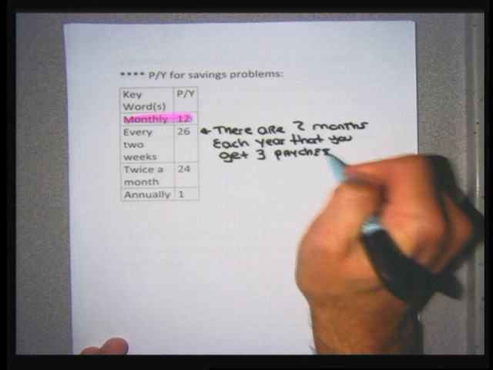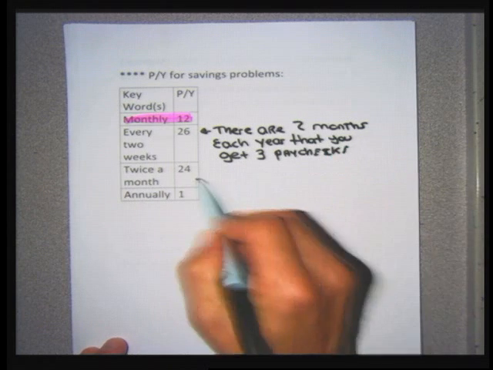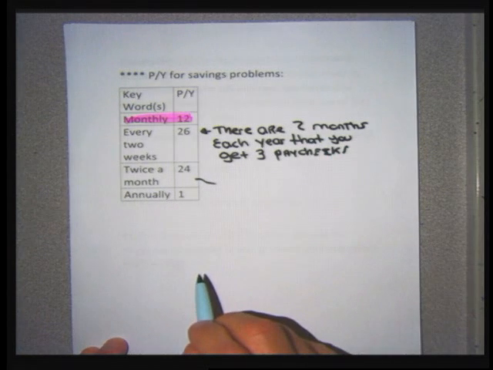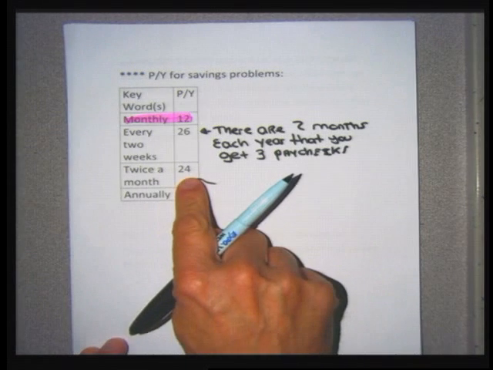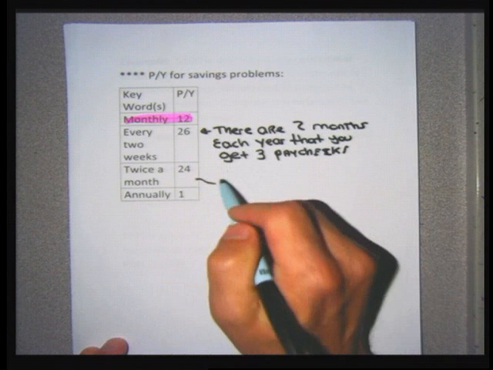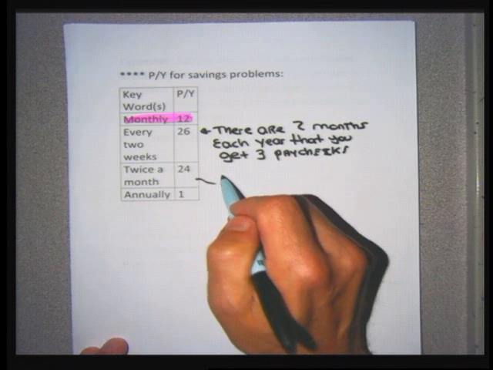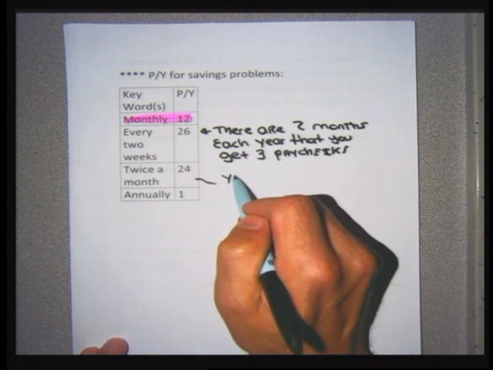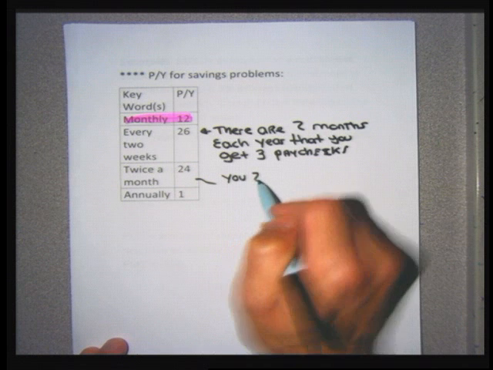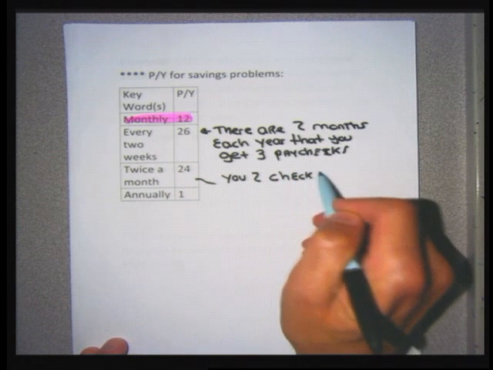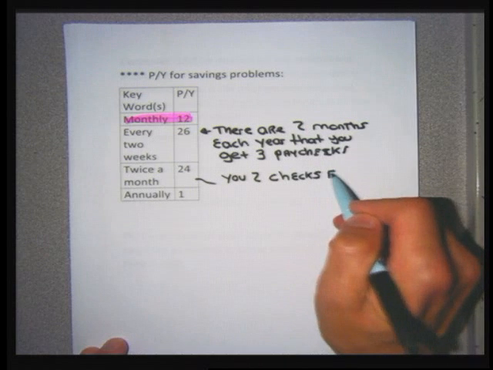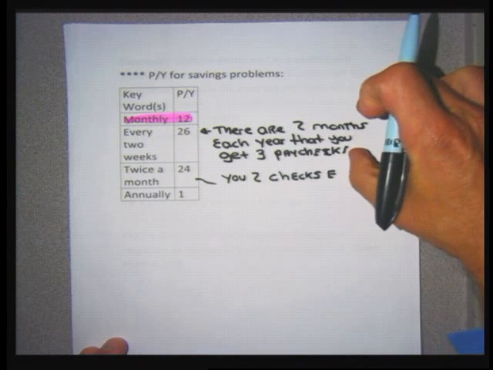The other way people get paid is they get paid like on the 1st and the 15th of each month. And if that's the case, the PY and the CY are going to be 24. And in this case, you never get more than 2 checks. You get 2 checks every month, and you never get the 3 checks. My brother and I get paid like this.